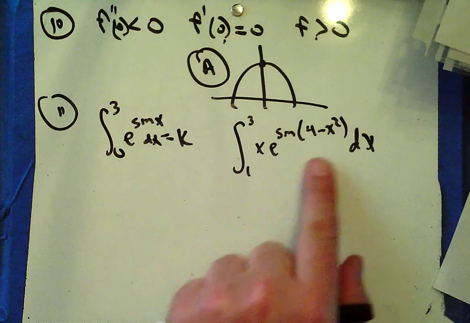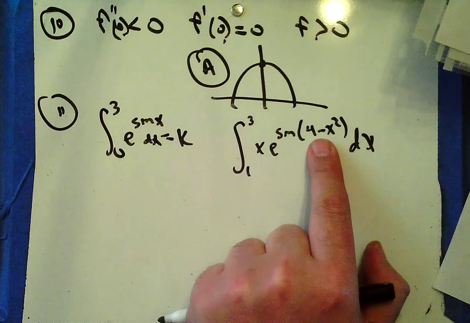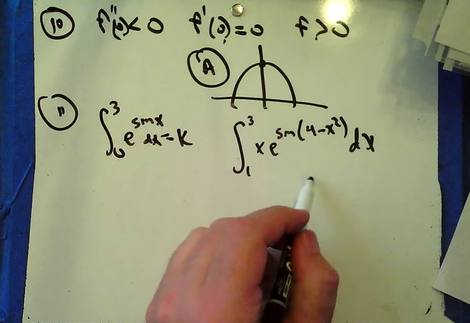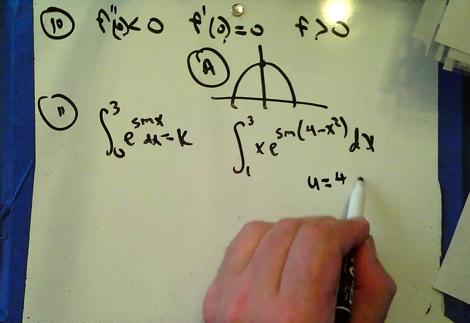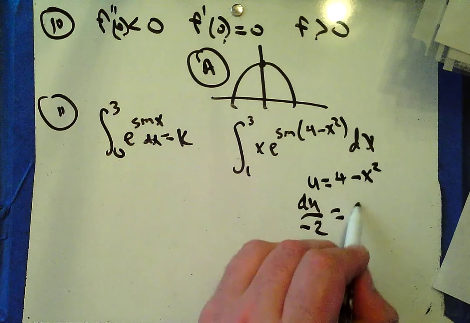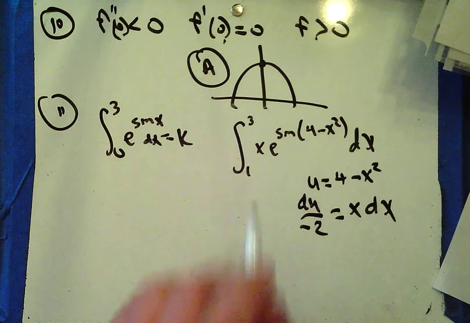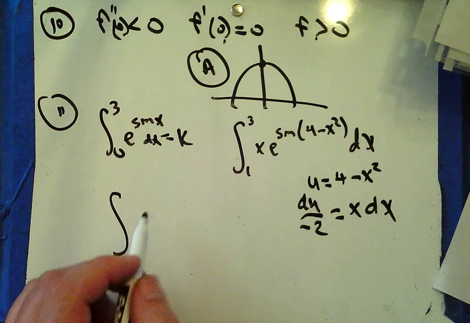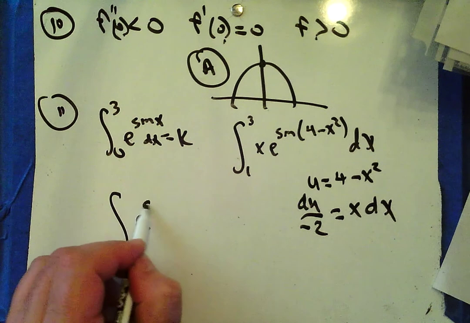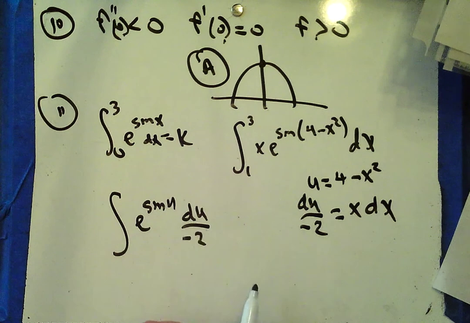Instead say, if I wanted to evaluate this integral, this is a u-sub, with this as my u. So u equals 4 minus x squared, du over negative 2 equals x dx. Look, there's an x dx. So this can be rewritten as the integral of e to the sine u du over negative 2.